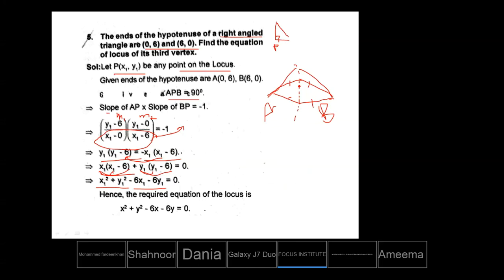Now to find the equation of the locus, we substitute x instead of x1 and you will get the final equation. Is that clear for you? If you have any doubts, you can ask, okay?